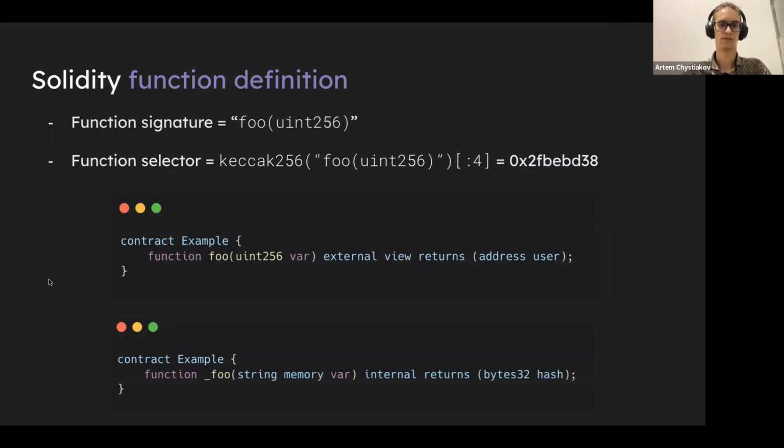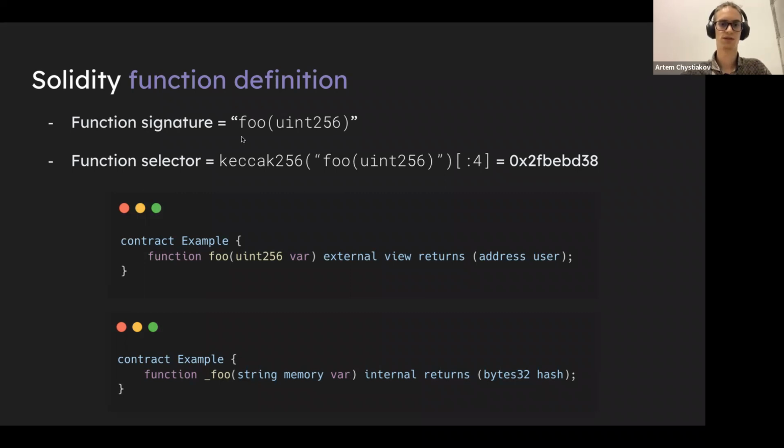Let's define a function in Solidity. Here I have two examples for you. The first one is an external function. The second one is an internal function. I'll talk about function visibility on the next slide. But for now, we have to specify what the function signature is and what the function selector is.